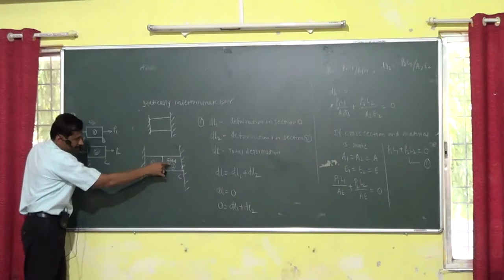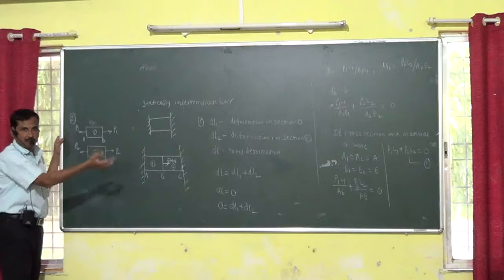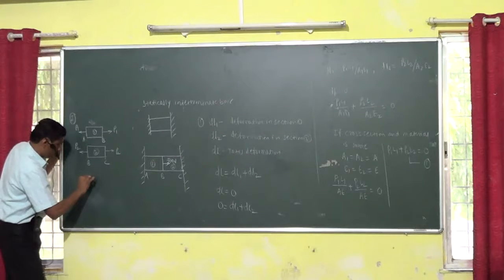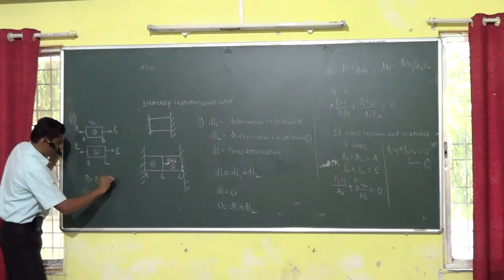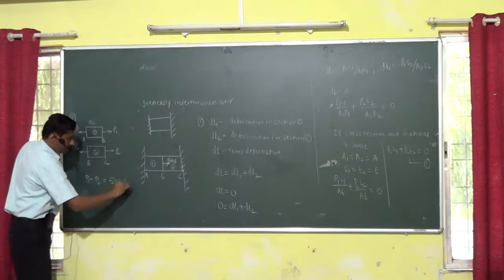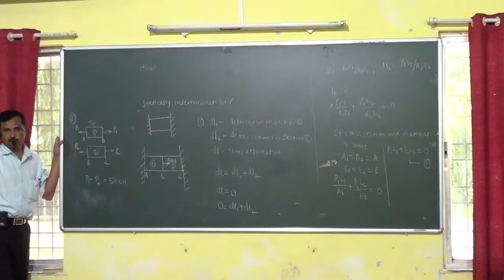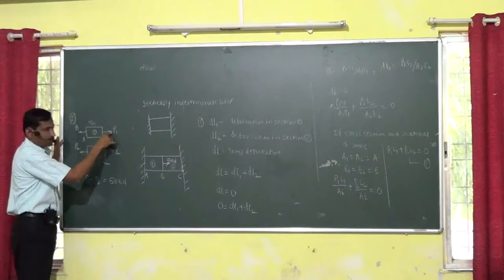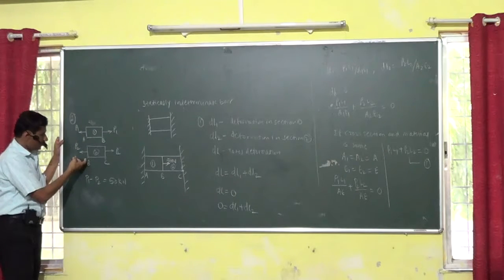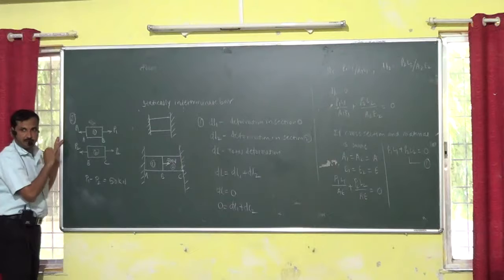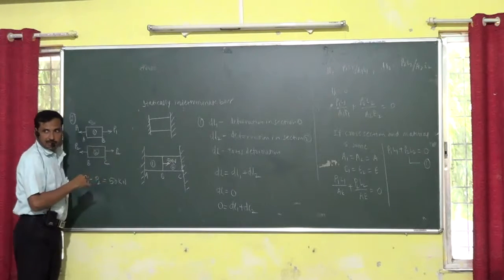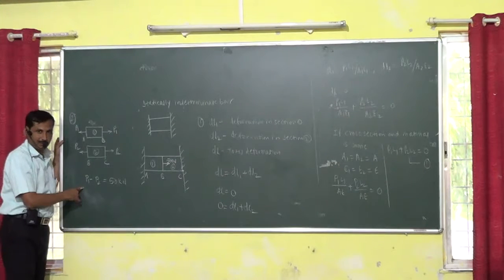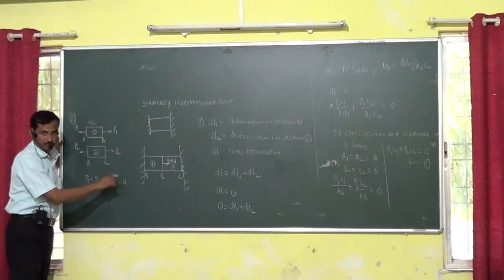As we have considered the direction of 50 kN toward the right side, here we will consider that P1 minus P2 is equal to 50 kN. That is, 50 kN is the total magnitude of force acting at B. P1 is toward the right side, P2 is considered toward the left side, but actually 50 kN is acting toward the right side. That's why we have written the equation P1 minus P2 is equal to 50 kN.